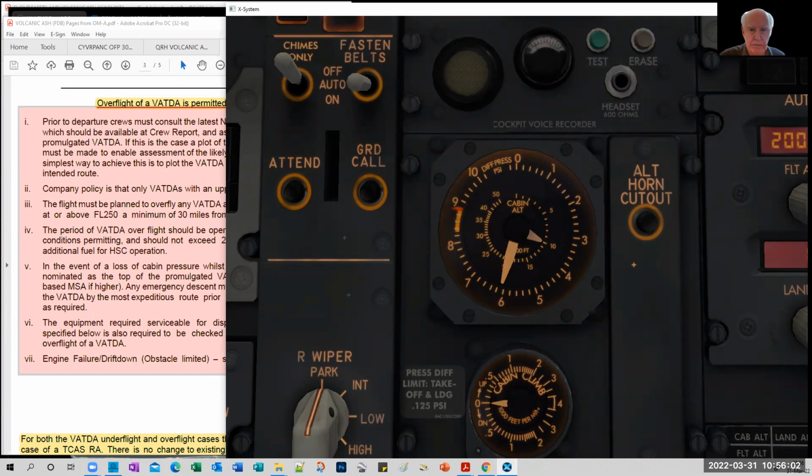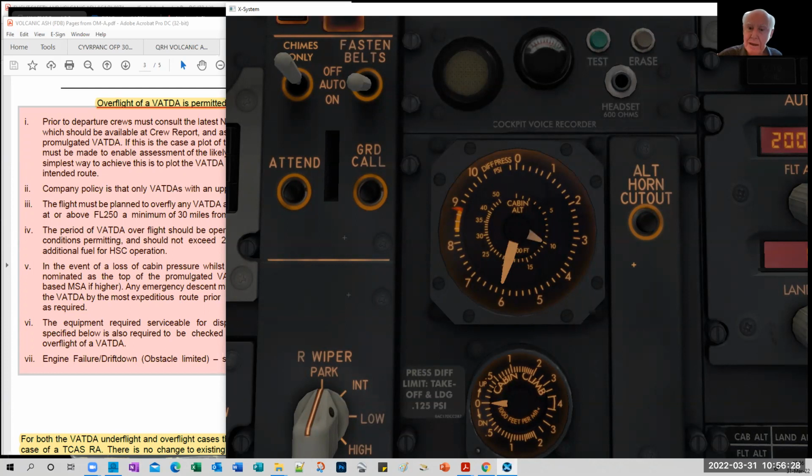Cabin pressure problems and unreliable airspeed problems with jammed pitot heads, many different types of problems attributed to volcanic ash. So just for the sake of this briefing, I hope you enjoy the realism of this.